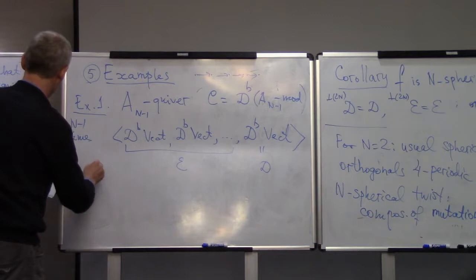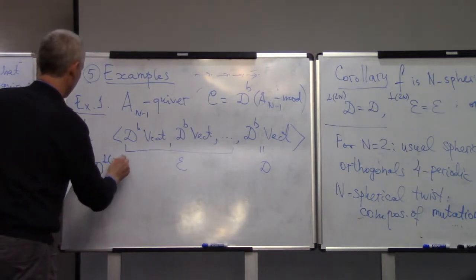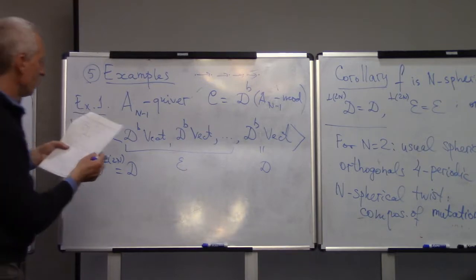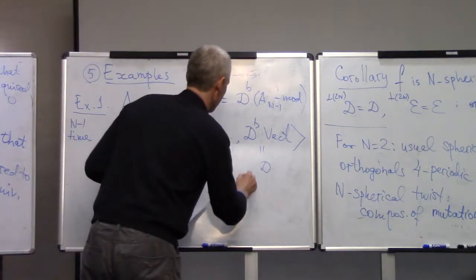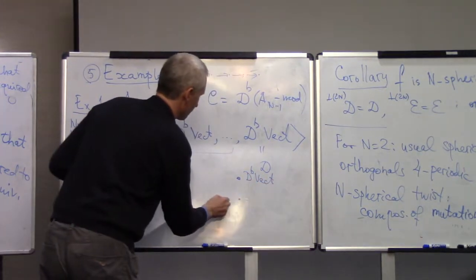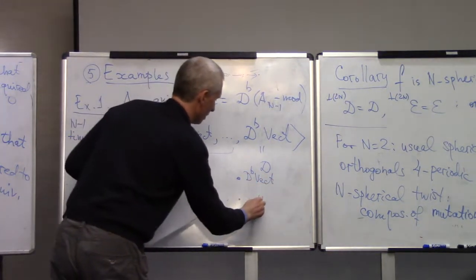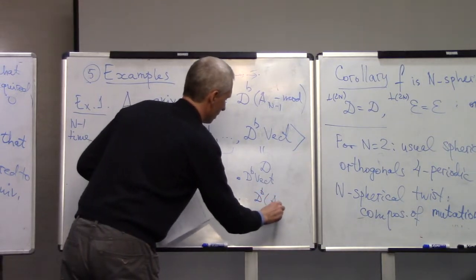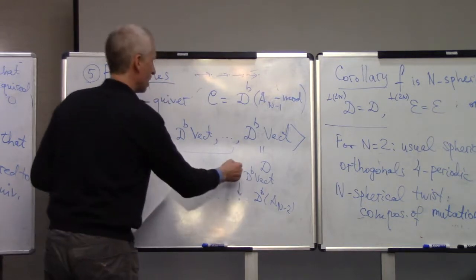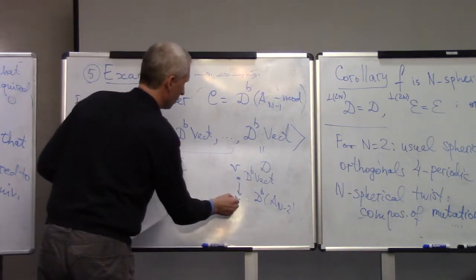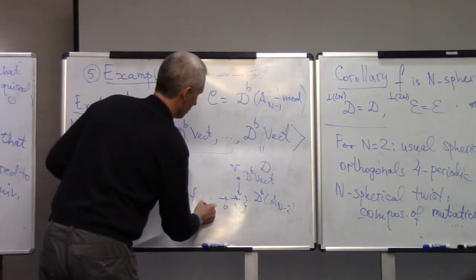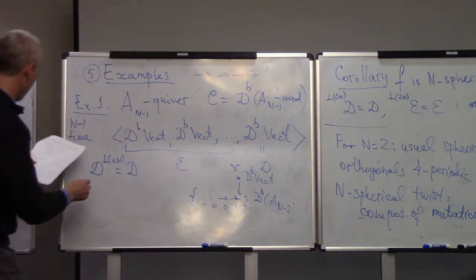Then D orthogonal to n will be equivalent to D, which means that the corresponding gluing functor, sending D^b of vector spaces to the category of representations of the A_{n-2} quiver, D^b of A_{n-2}, taking a vector space V to the quiver V, 0, 0, would be n-spherical.